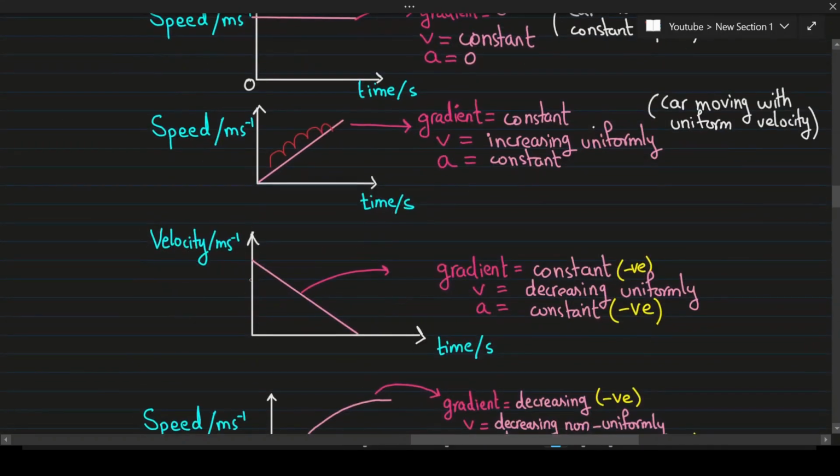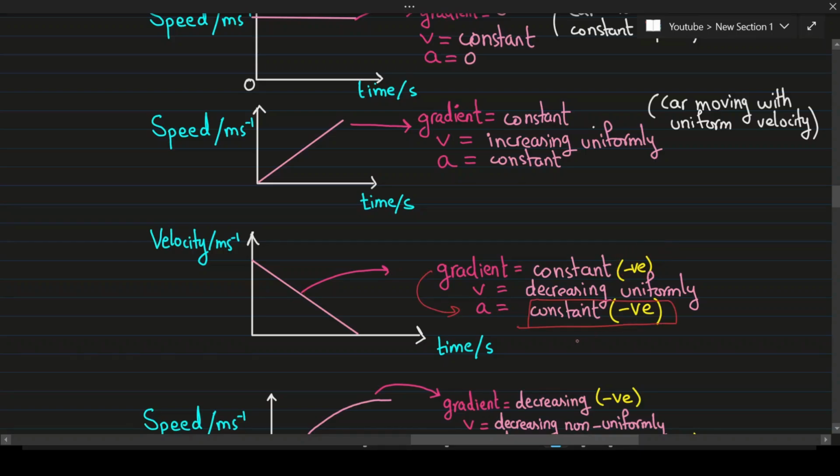Then this graph shows that the graph is now negative, so we will use velocity. The gradient is still constant, but we can see that the direction is like this. So it's negative now. The gradient is negative, so acceleration would also be constant and negative.